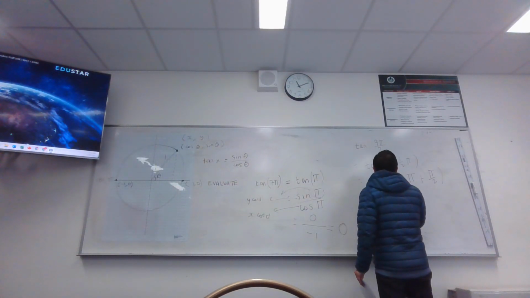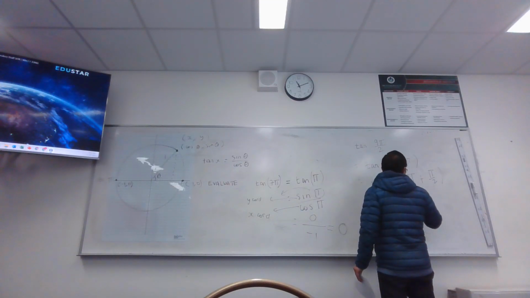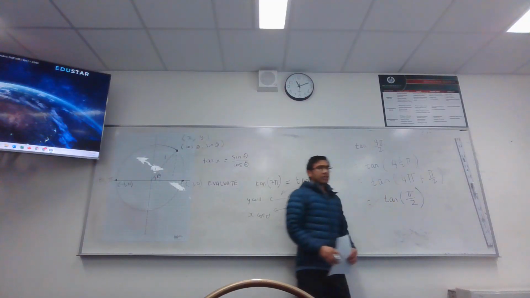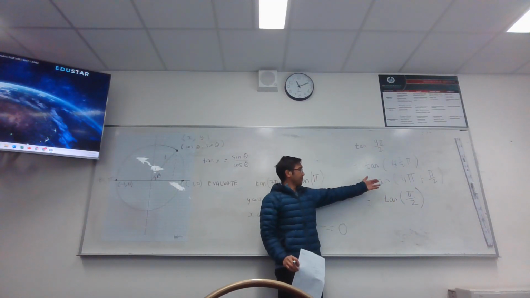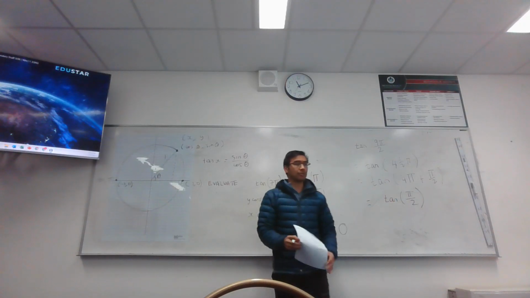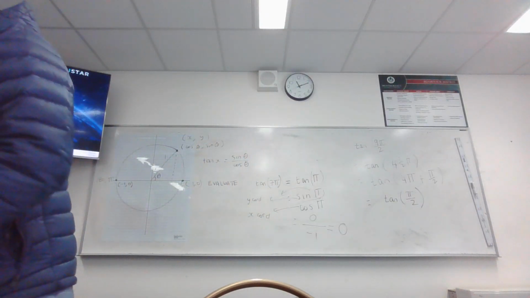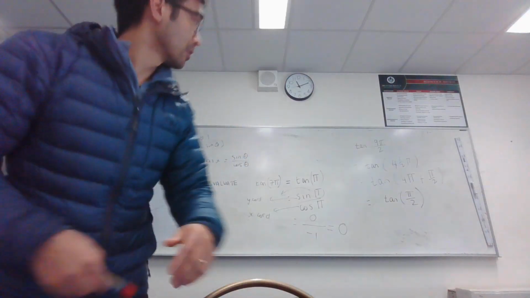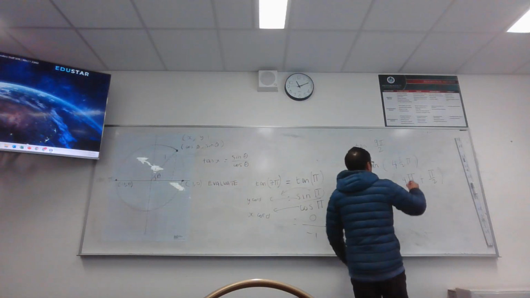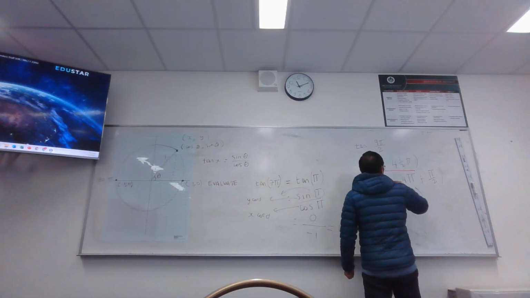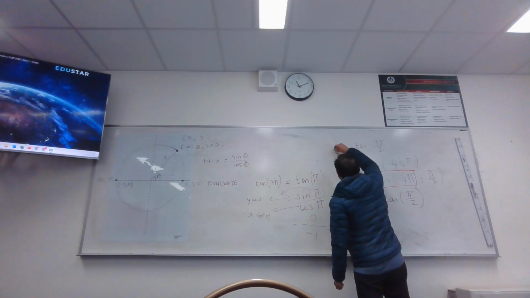Now, someone tell me how I've simplified from here to here? I'm going to put this in a different color so that people can see what might be going on. I've eliminated a tan 4 pi.